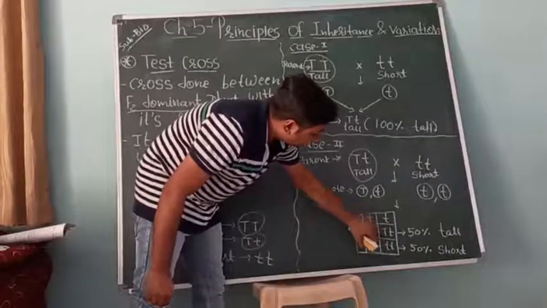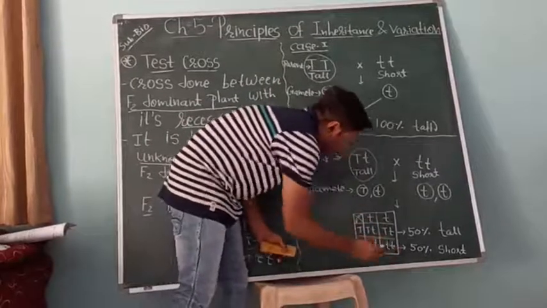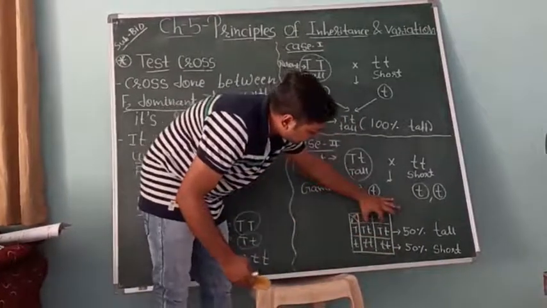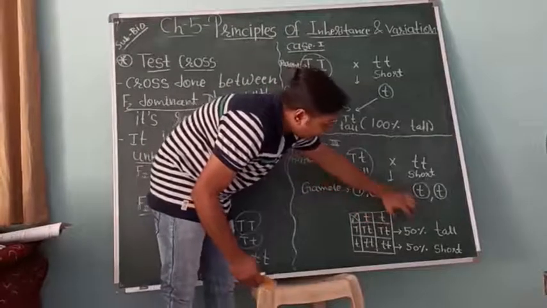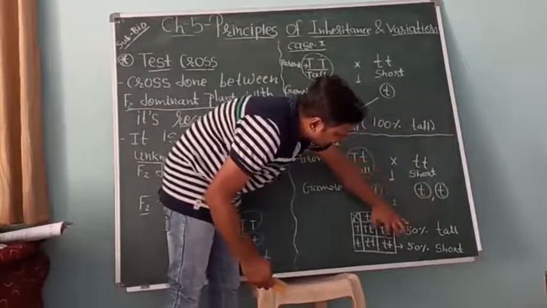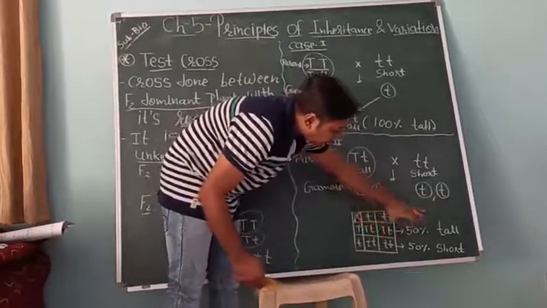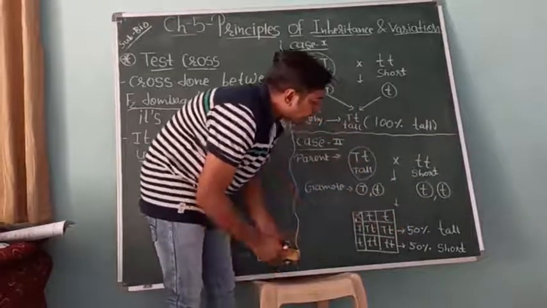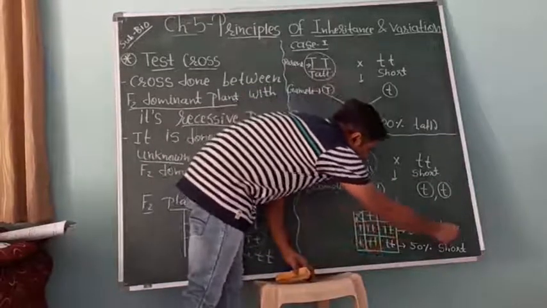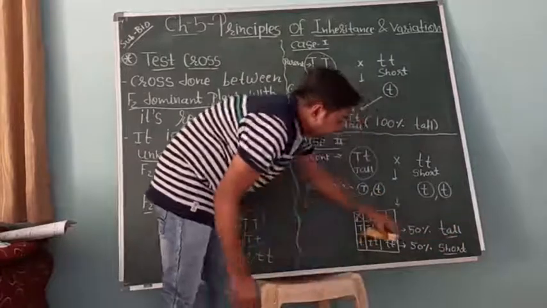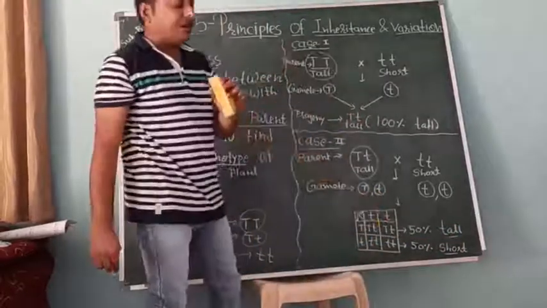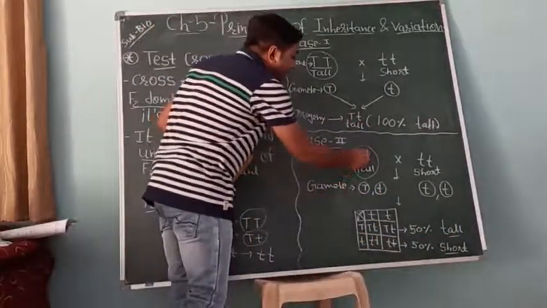Here also small t small t, short. So we get 50% tall plants, these two, and 50% short plants, these two. If we get this result, 50% tall and 50% short, then we can say the genotype of the F2 dominant plant is capital T small t.